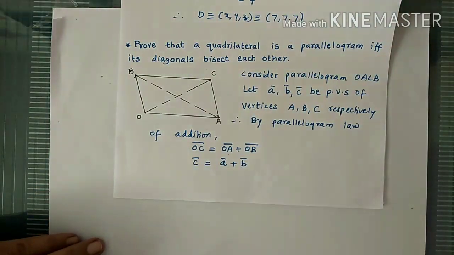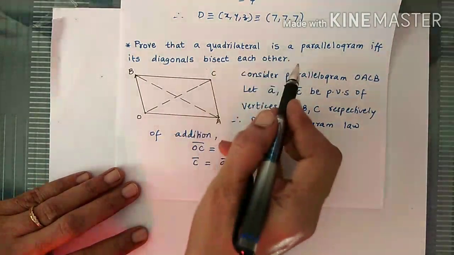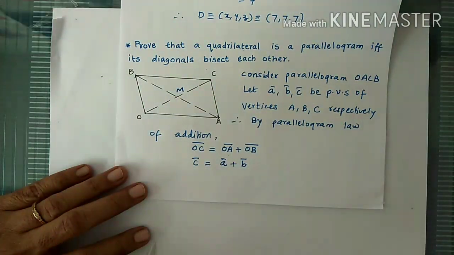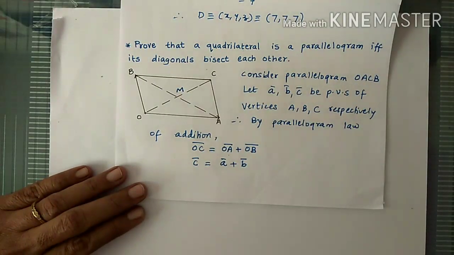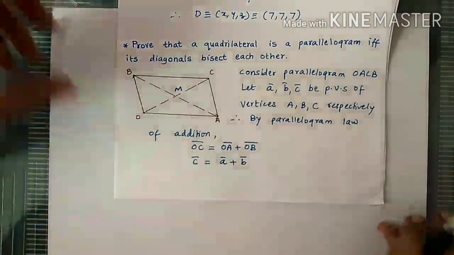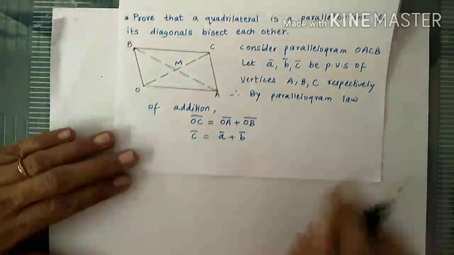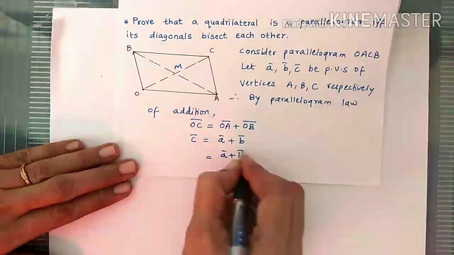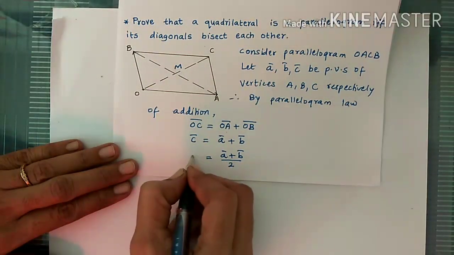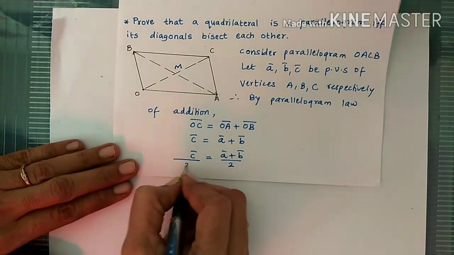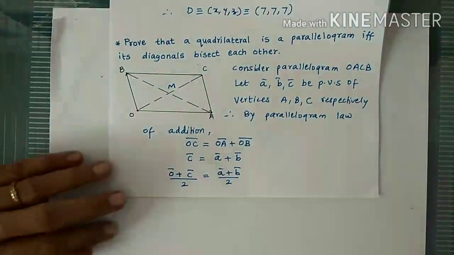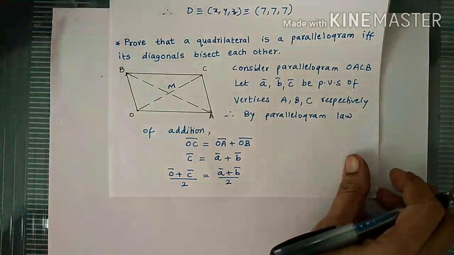Remember, we have to prove that the diagonals bisect each other. That means we have to prove that this point of intersection M of the diagonals AB and OC is midpoint of both the diagonals. So let's divide both sides by 2. So dividing both sides by 2, right hand side becomes A bar plus B bar upon 2 and left hand side is C bar divided by 2, but I can write this as 0 bar plus C bar upon 2. Why am I writing like this?